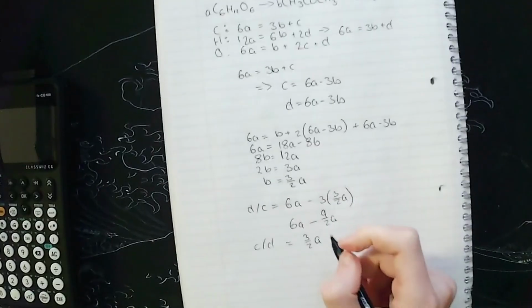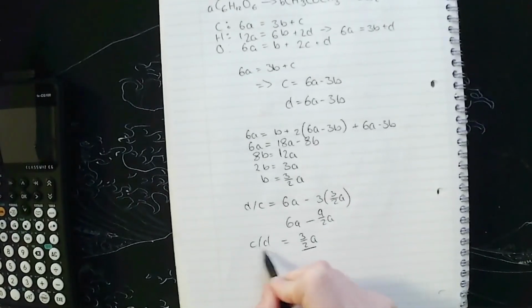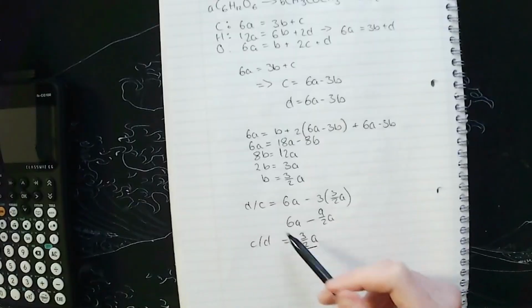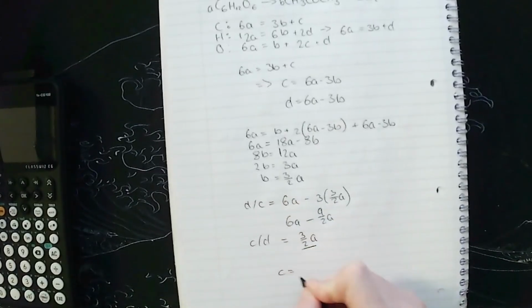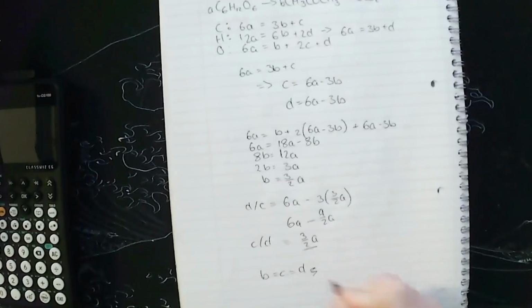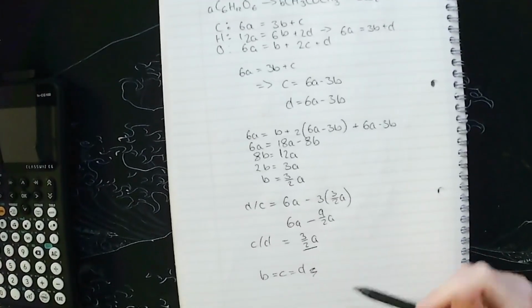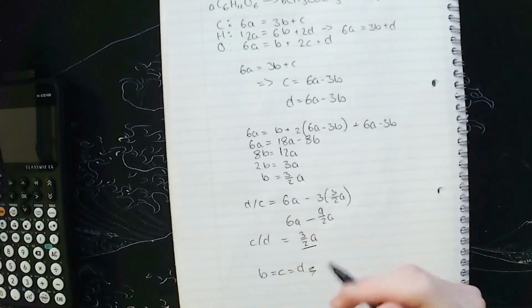Now, you're going to have to use some initiative here to notice that getting C and D in terms of A is the exact same as B, so that tells us C is equal to D is equal to B. And once you've done that, you can kind of see the answer from here.